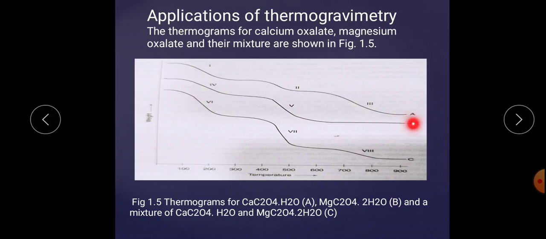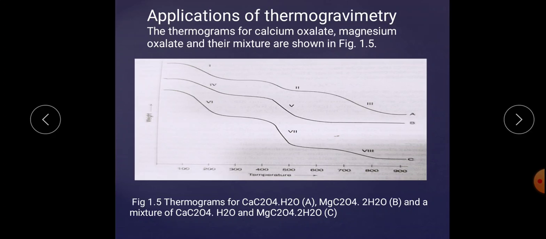Graph B is for magnesium oxalate dihydrate, and the C thermogram is for the mixture of both, that is calcium oxalate monohydrate and magnesium oxalate dihydrate.